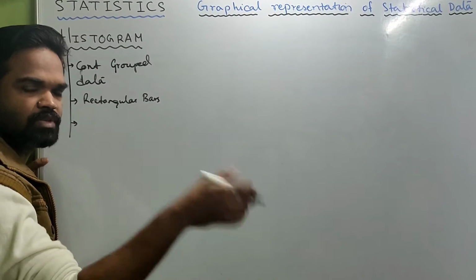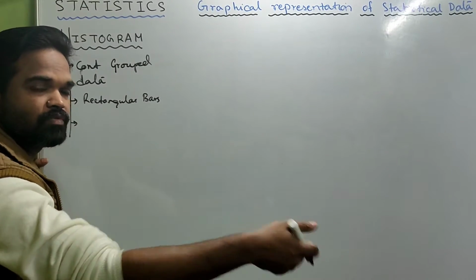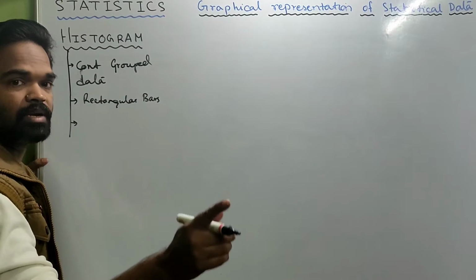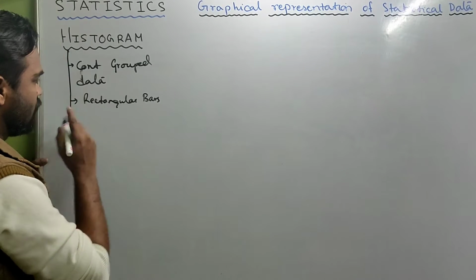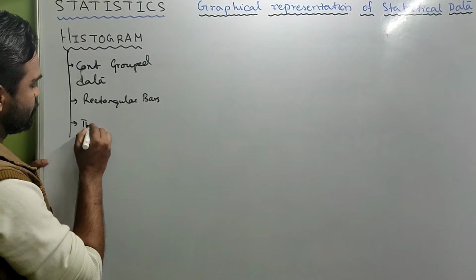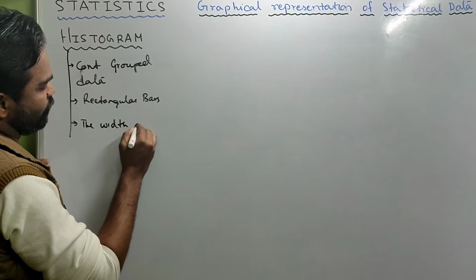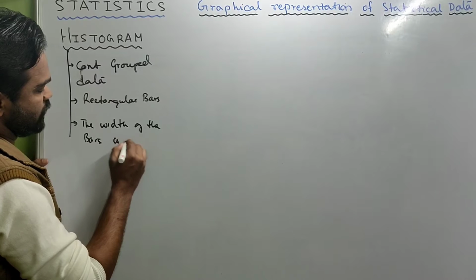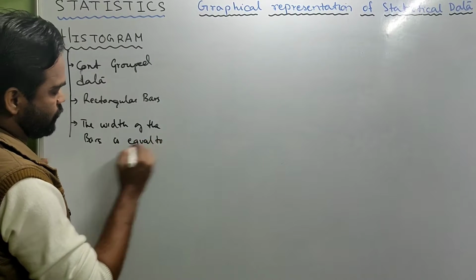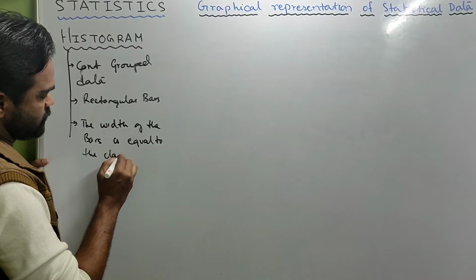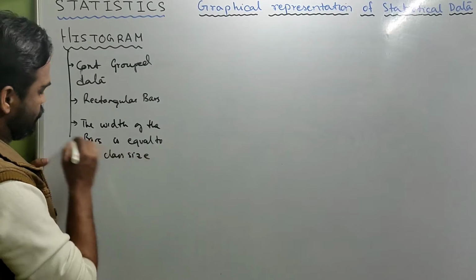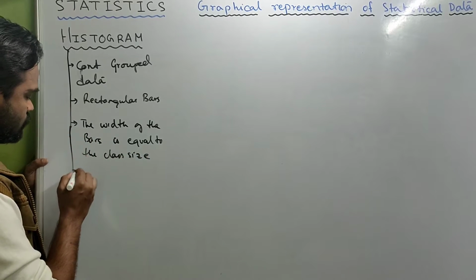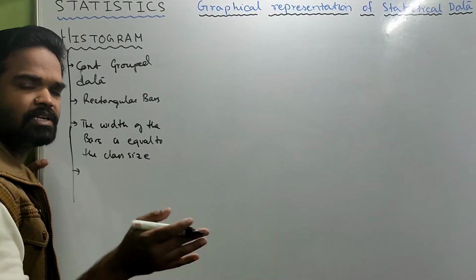If the class interval is inclusive, change it to exclusive. It has to be continuous and then proceed. For the rectangular bars, the width of the bars is equal to the class size, which of course corresponds to the respective class interval.